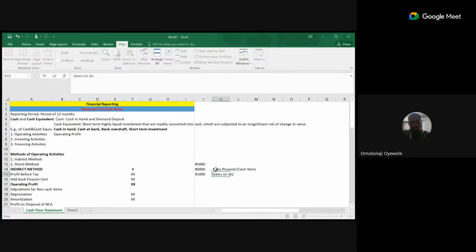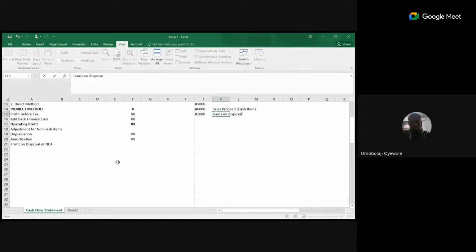Now, in your income statement, gains on disposal or profit on disposal are income, and would have been used to increase your profit before tax. Because it has no cash effect, we are going to take it away.